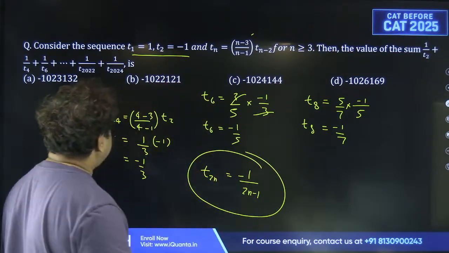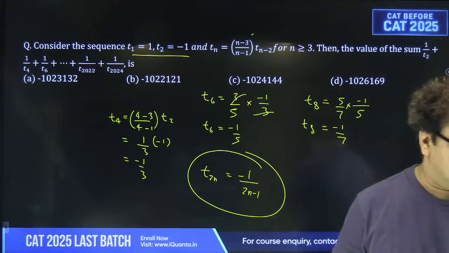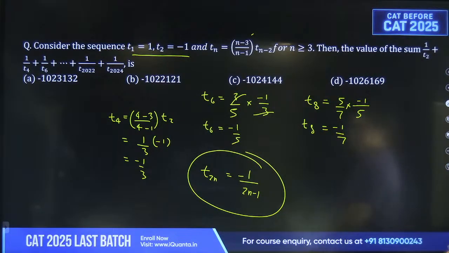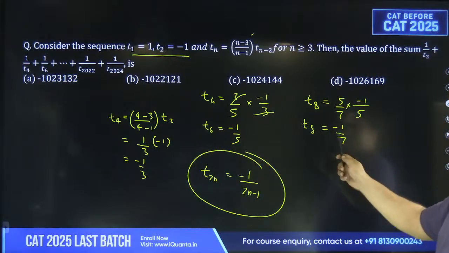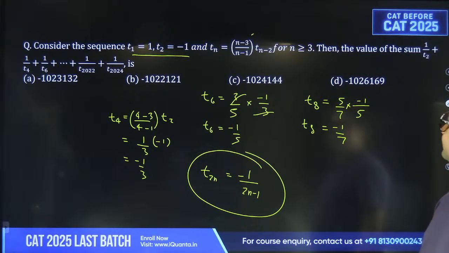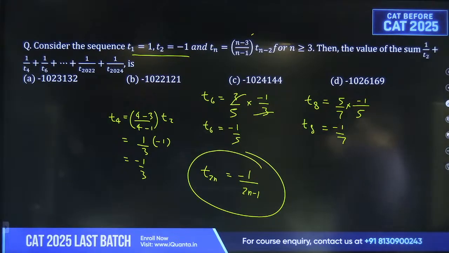Is that right? That is the general pattern. Whatever we are getting here, it's 4, it's 3. Here we have 6, here we have 5. 8 to 7. We got the pattern. Nice. When you get the pattern, our life becomes simpler.